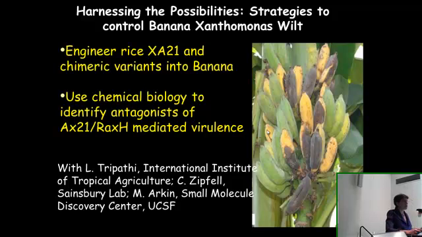And we've also begun a chemical biology approach in collaboration with Michelle Arkin at the Small Molecule Discovery Center at UCSF. The idea is to screen their large library for compounds that disrupt AX21 binding to the RaxH bacterial receptor. If we can disrupt binding, that will inhibit biofilm formation and inhibit virulence.